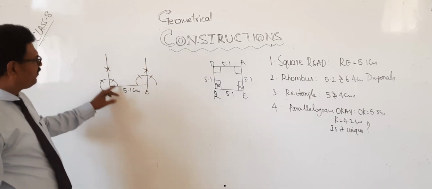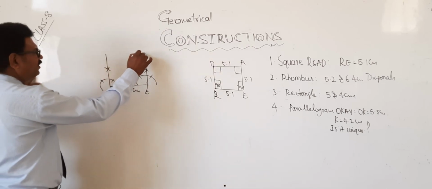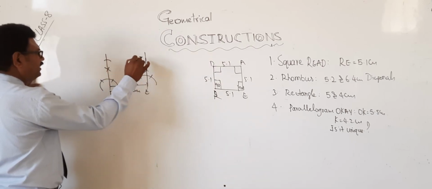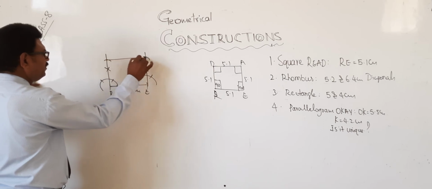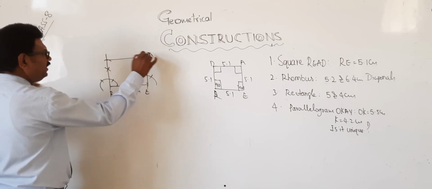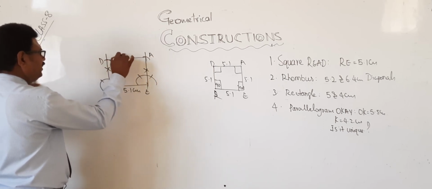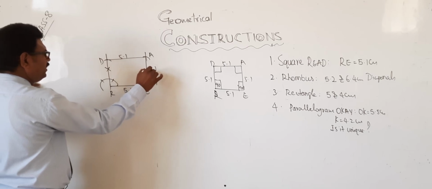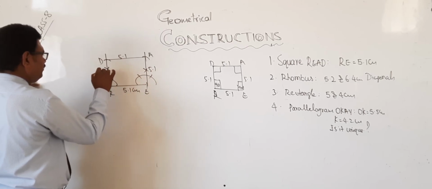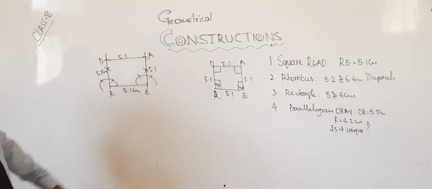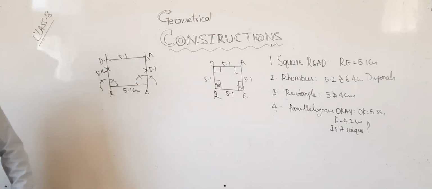This is 5.1 cm and this is also 5.1 cm, therefore cut like this and like this. READ: 5.1, 5.1 and 5.1. So this is the square READ. Any doubt? Next we will see the rhombus.